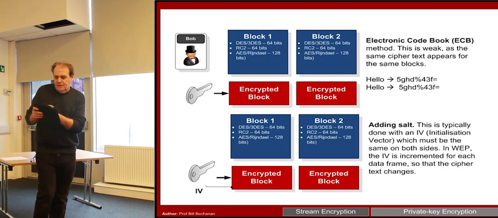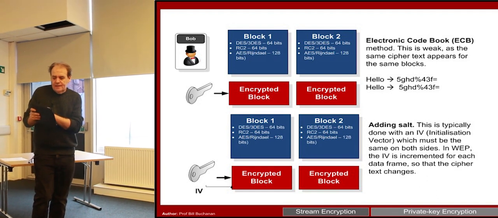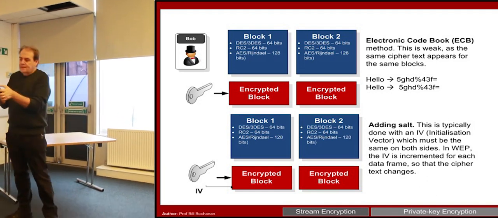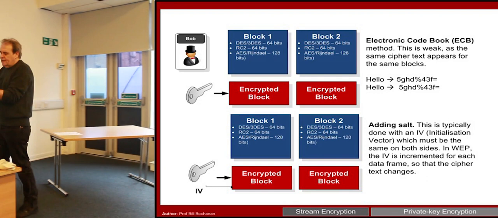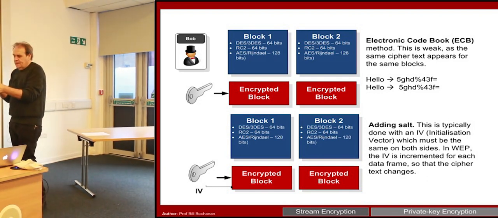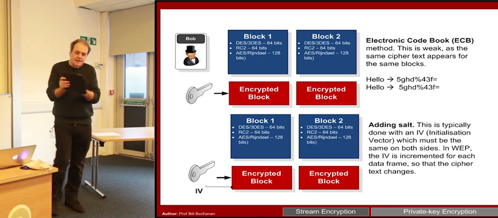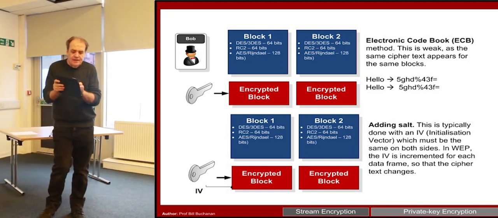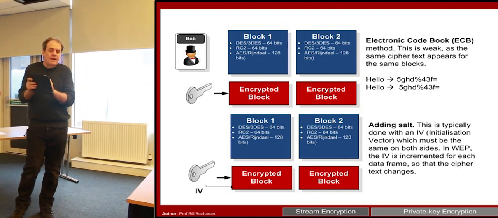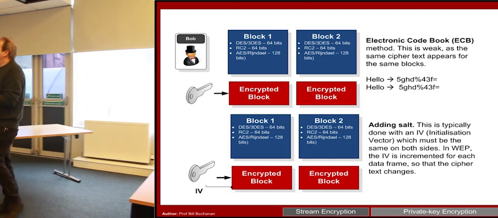With this, if we take the standard ciphering, then we take a block and we encrypt each block. And if we have the message hello in each block, then it will end up being the same cipher in every block that we have.